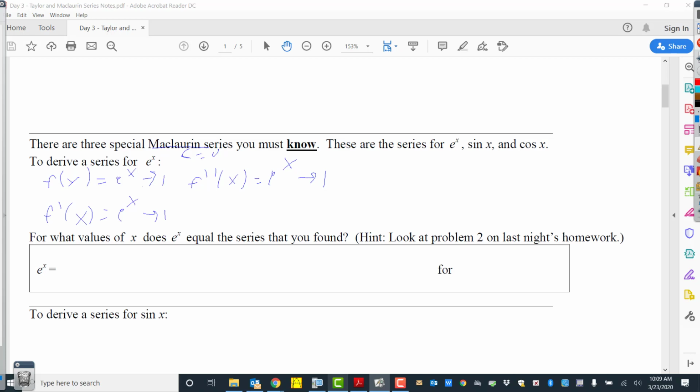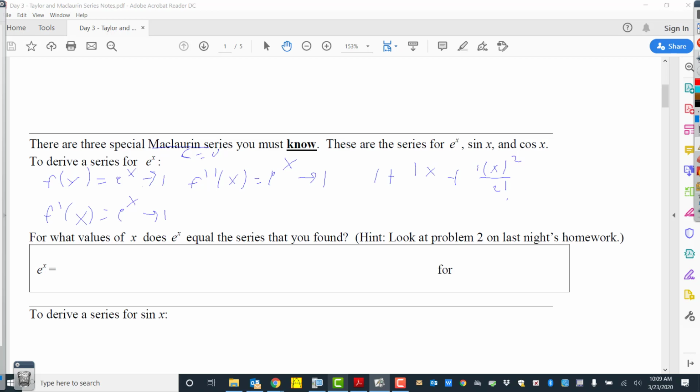And now we can start creating this series for it. So we have f of c, that's 1, plus f prime of c, which is 1, times x to the 1 power, plus f double prime of c, which is 1, times x to the 2nd power over 2 factorial.